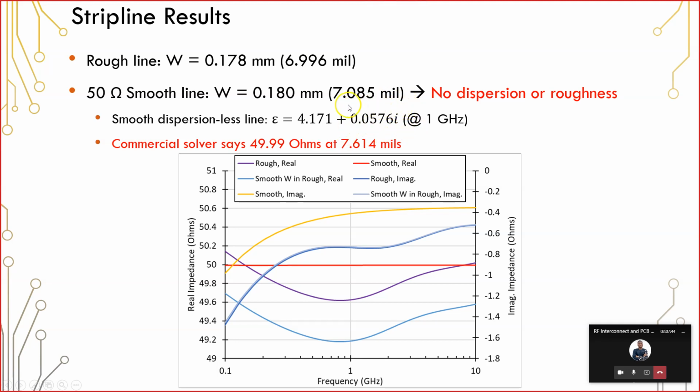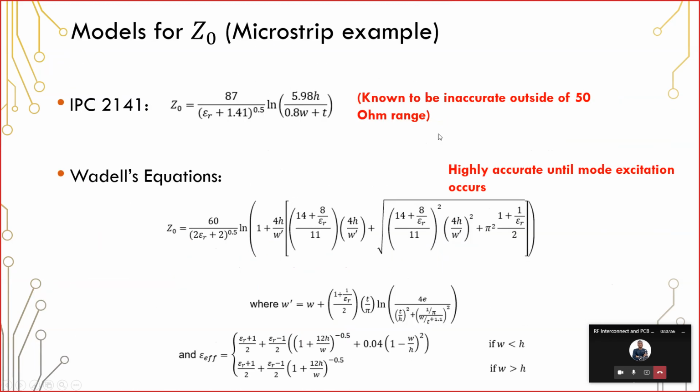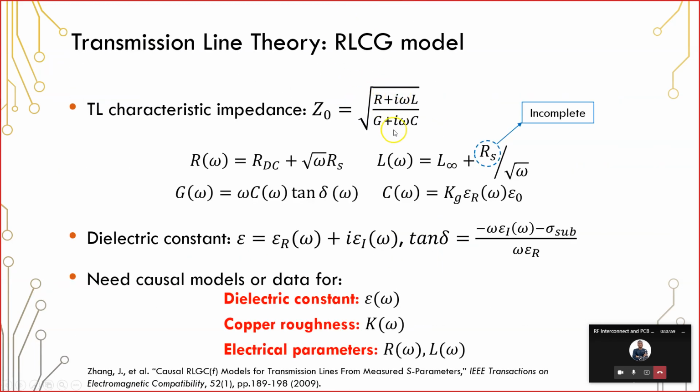Because the dielectric constant has an imaginary part, the impedance will also be a complex number, and it has an imaginary part. So if we go back to this example, you'll notice we have these i terms in this fraction. This is what tells you that the impedance will end up being a complex number.